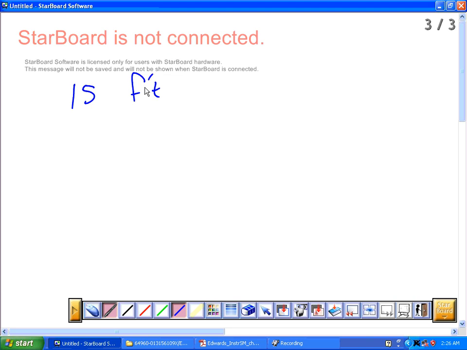So f of t is equal to sine t, provided that t is between 0 and 3 pi, and we want it to be 0 if t is greater than 3 pi, and the equal to is on this end.